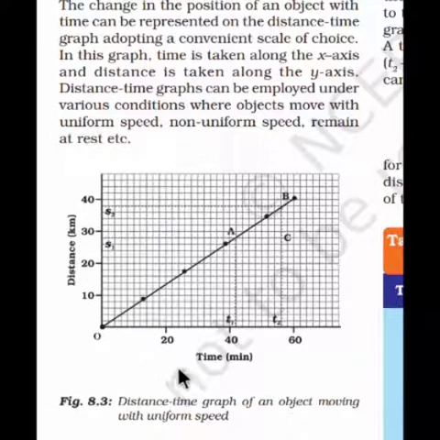Time is provided in minutes, and distance is given in kilometers. See here very carefully: at particular intervals, that is, at the same distance, there are measurements. Here it is 0 to 20, 20 to 40, 40 to 60. In the same way, here also at the same distance are mentioned 10, 20, 30, 40. These are the values for kilometers, and these are the values for minutes.